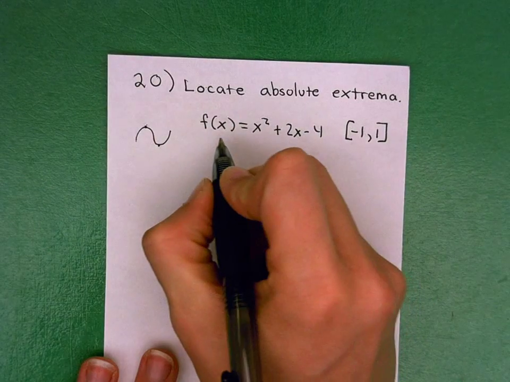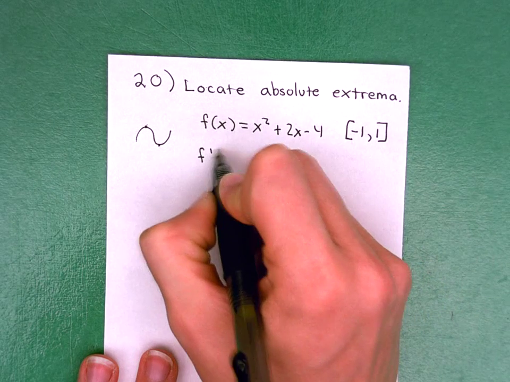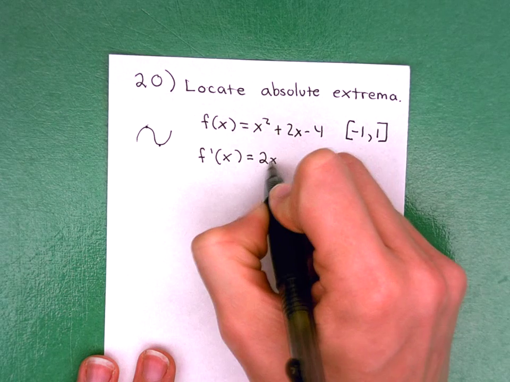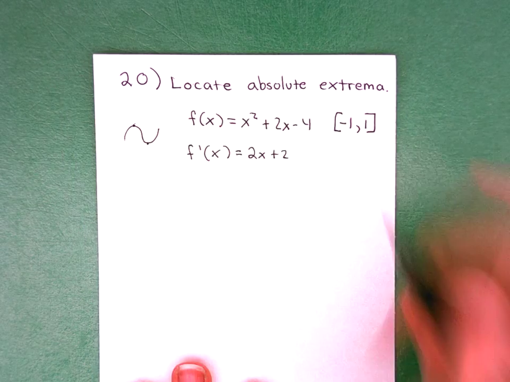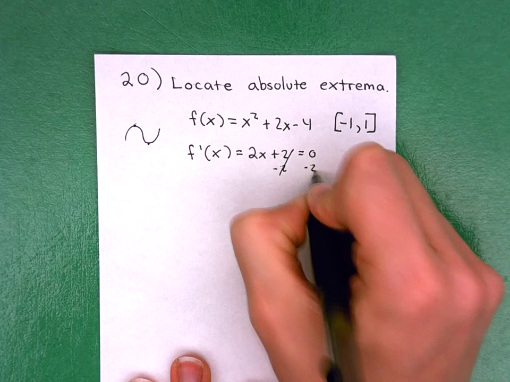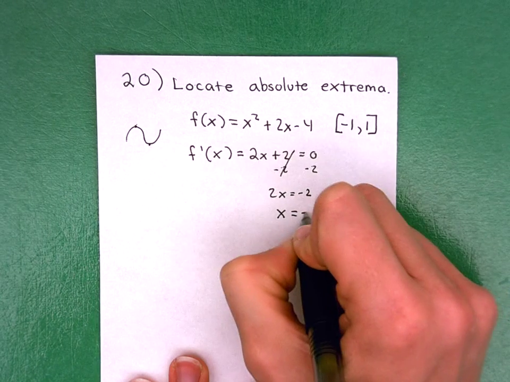Okay? So I'm going to start like we just did on number 12 by taking the derivative. Derivative of x squared is 2x, derivative of 2x is 2, derivative of 4 is 0, and setting that equal to 0. So we get 2x equals negative 2, divide 2 over, you get x equals negative 1.